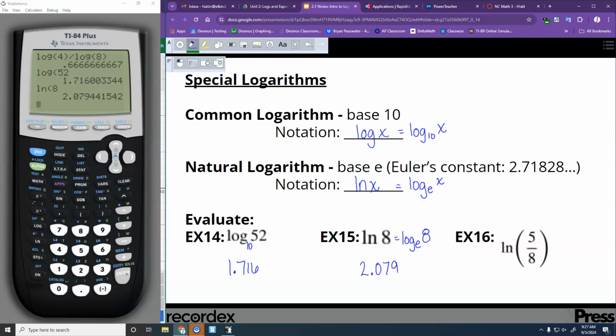Okay? If I want to type in something like natural log of 5/8, we've got a button for that, right? So we just do natural log of 5 divided by 8 here. And we got, let's see, negative 0.470.